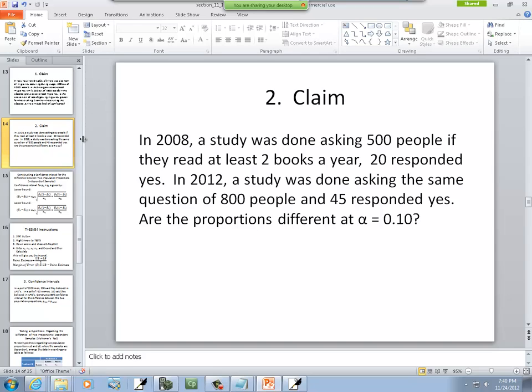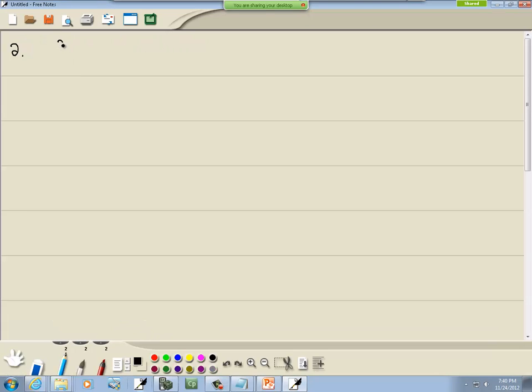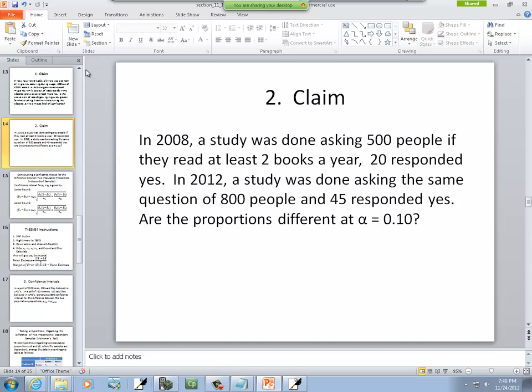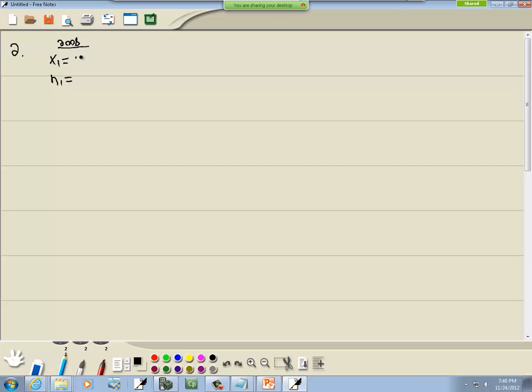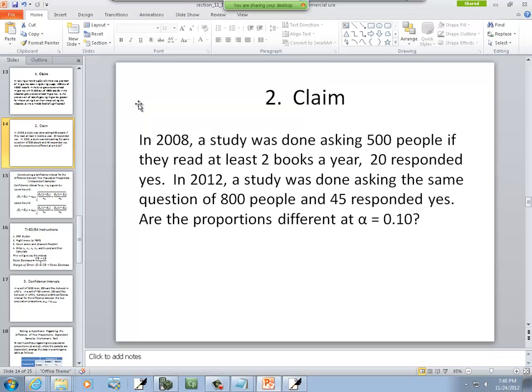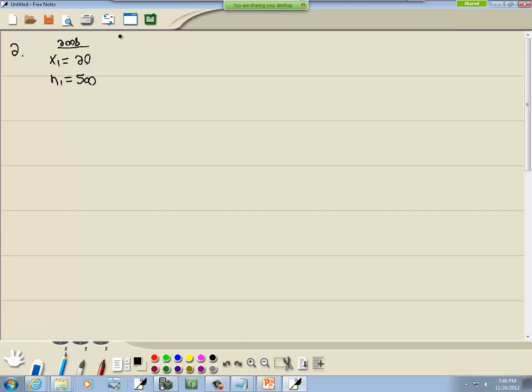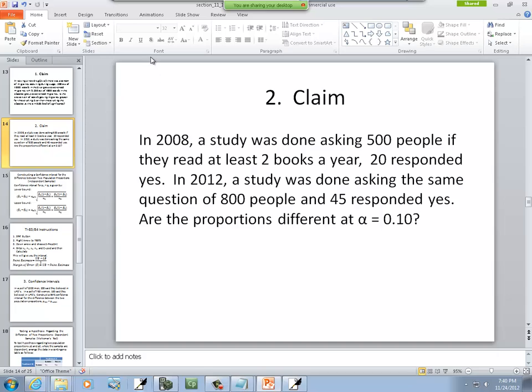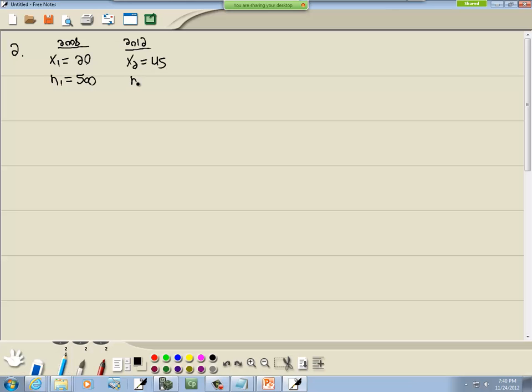So we've got 2008 and 2012, with X1 and N1: X1 is 20 and N1 is 500. For 2012, X2 is equal to 45 and N2 is equal to 800. And it says alpha is 10%.